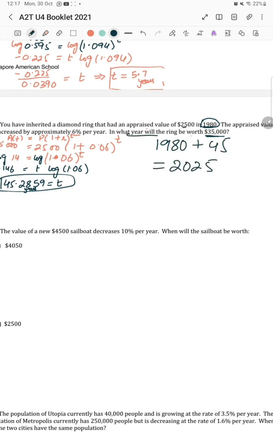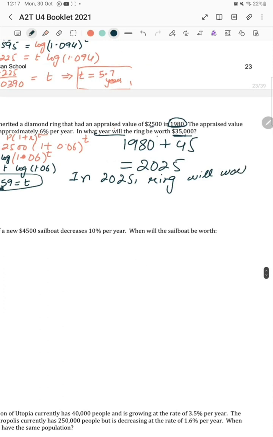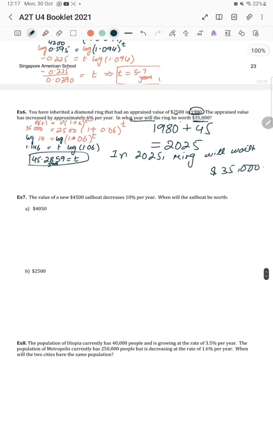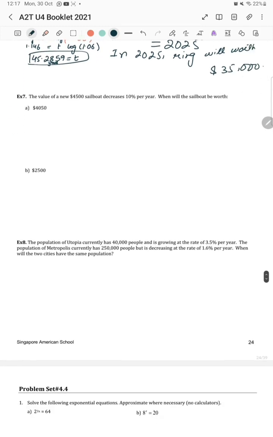So in 2025 the ring will be worth $35,000.